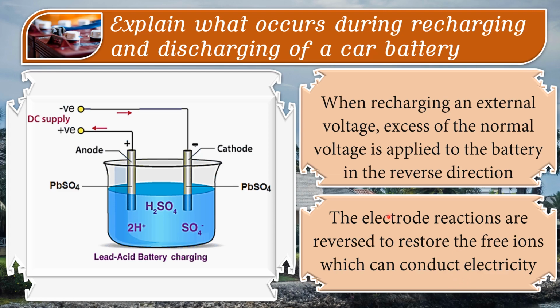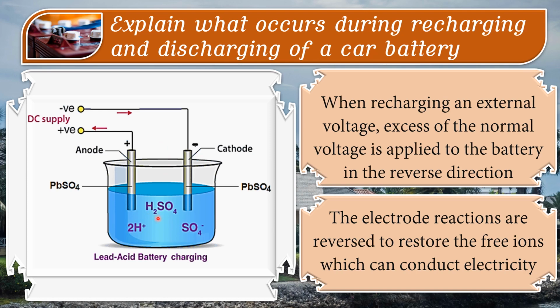Because we are passing the voltage in the opposite direction, and the voltage which is being passed is in excess of the normal voltage which is always passing through the battery, this will cause the reverse of what happened, and we are going to restore the free ions back into the solution.